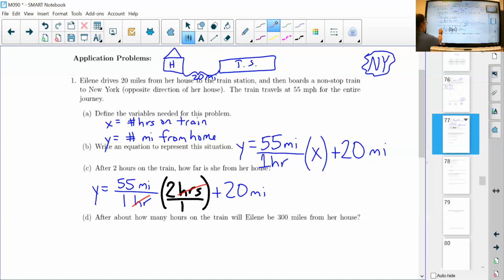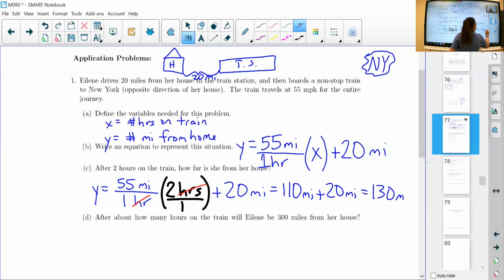I'm left with 55 times 2, 110, over 1 times 1, which is 1. So 110 plus 20, the only units left are miles. 110 miles plus 20 miles equals 130 miles. So she's 130 miles from her house.